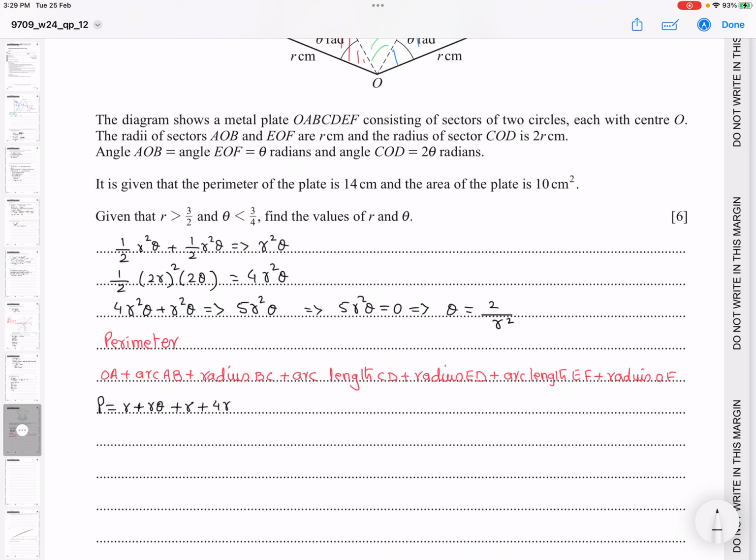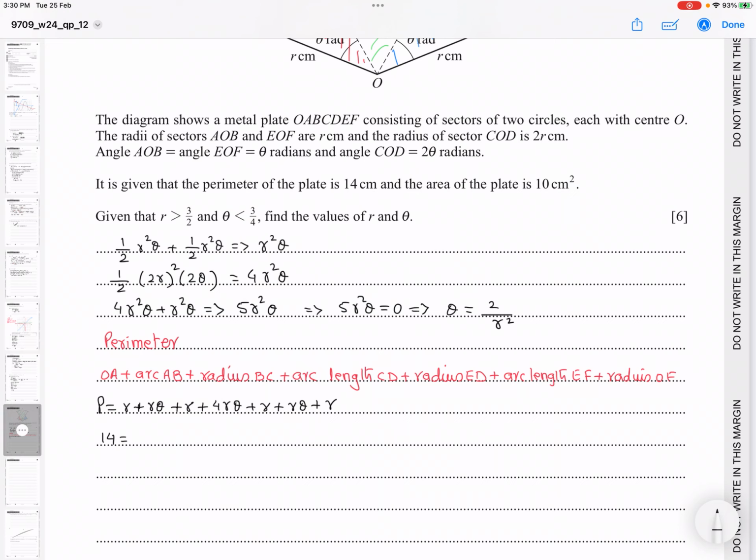I'm using s is equal to r theta, plus my radius ED is r plus my arc length EF is r theta plus my radius OF is r. Now simplify all of it. You can write 14 in P because it is given.